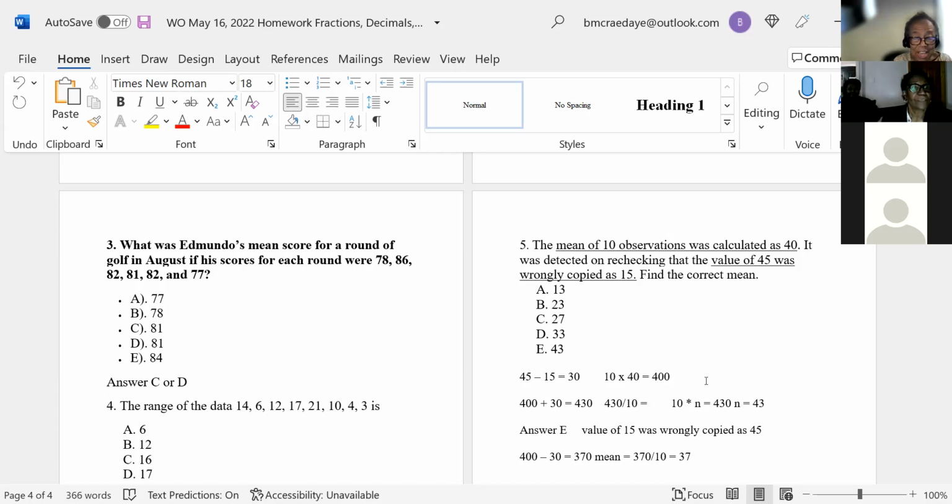I'm saying if my 15 was wrongly copied as 45, I have 30 more than I should in my total. So I will subtract out the 30, get 370 divided by 10 and get my mean of 37.